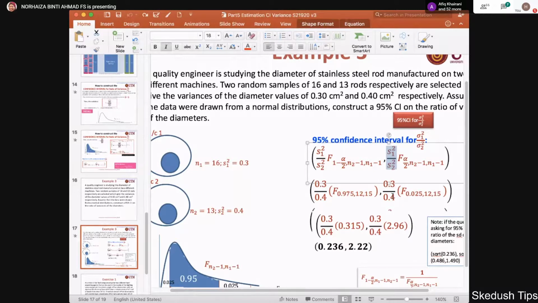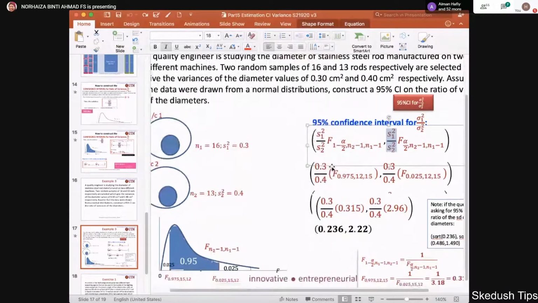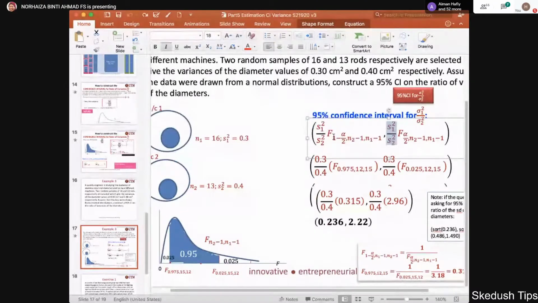And then you take the values from your F distribution. Remember that your F distribution is the reverse of the population that you're using here. So here it is sigma 1, sigma 2, but you're going to use 2, 1 instead. So in this case, you're going to use F 0.95 of 15 and 12.